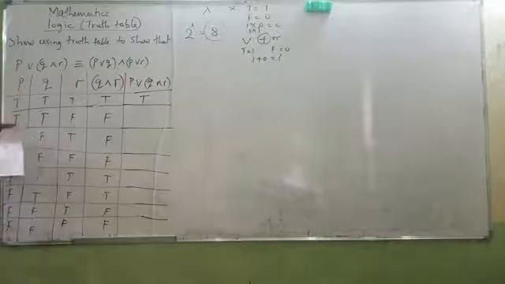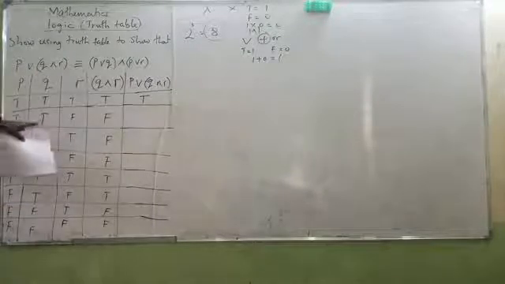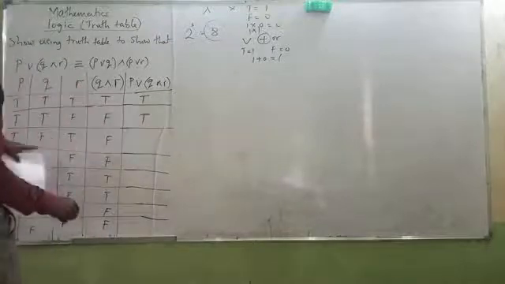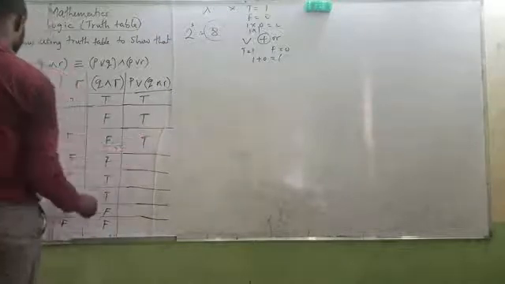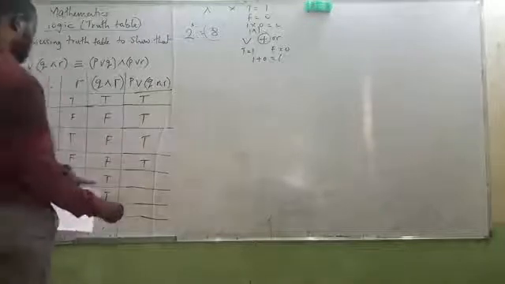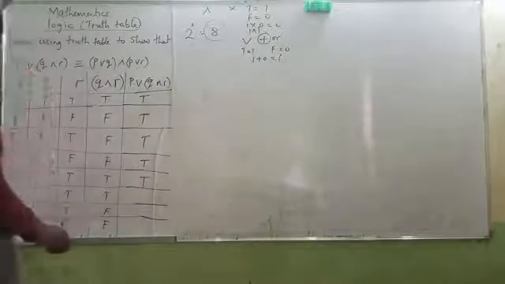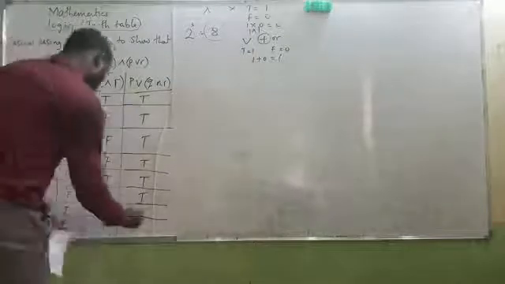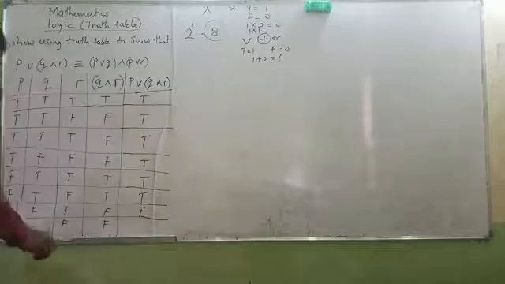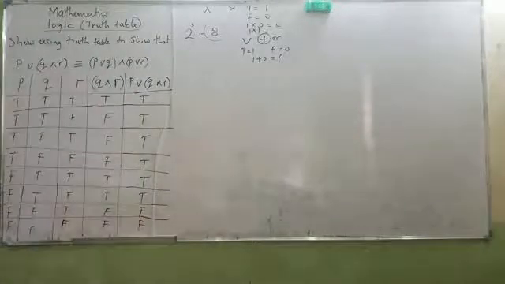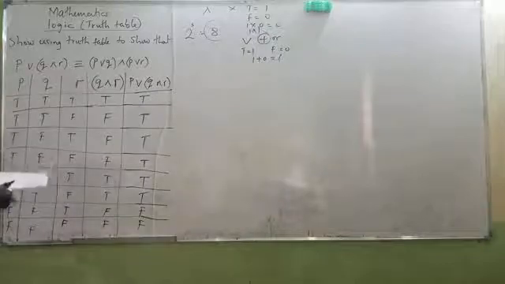Now, this or this, it will be true. This or this, it will be true, the same for the next three. This or this, it will be false. 0 plus 0 is 0, and this or this is 0. Can you see? Now, I think I've solved that one.